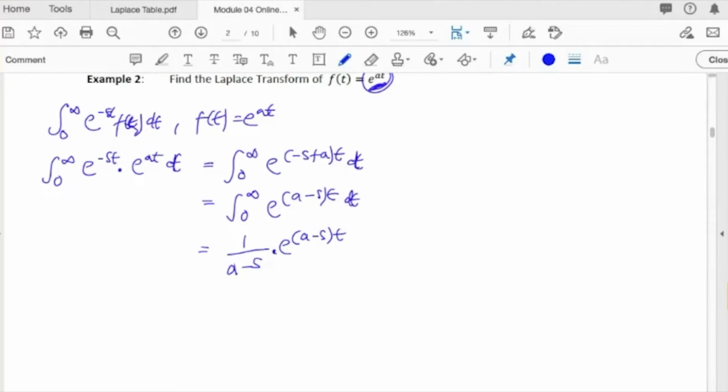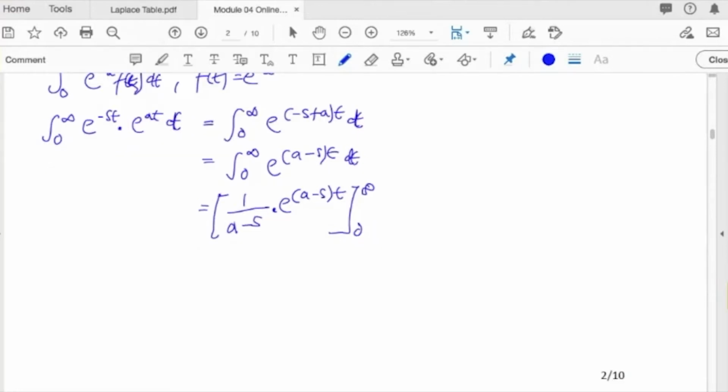And don't forget your limits, which is from 0 to infinity. Okay, so you put your values 0 and infinity. This is a scalar, so you can bring the scalar outside, and you only replace inside the brackets for the limits.